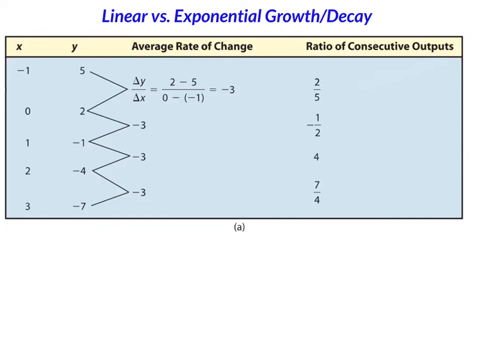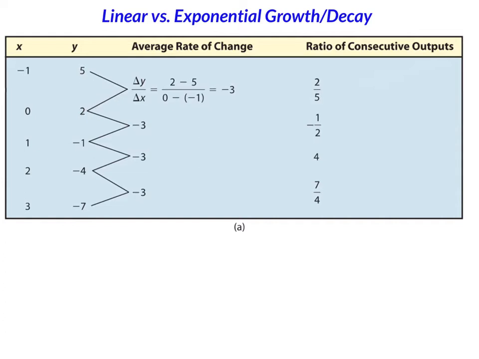Something else to note is the ratio of consecutive outputs. I can determine those by taking the y values. So here it's 2 over 5. I take the second y and I put it over the first y, as long as I am going up by 1 on the x, so -1 to 0 is by 1, 0 to 1 is by 1, etc. So I just take this y, 2, and put it over 5.